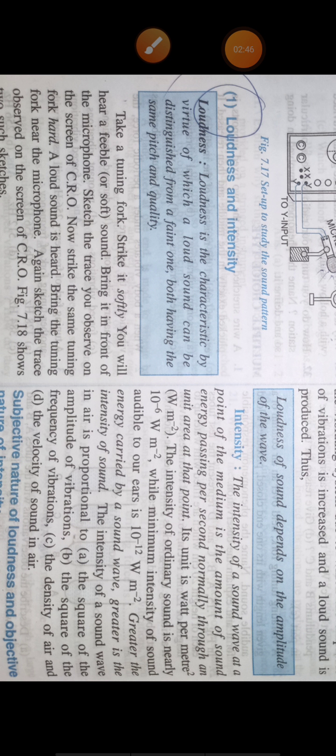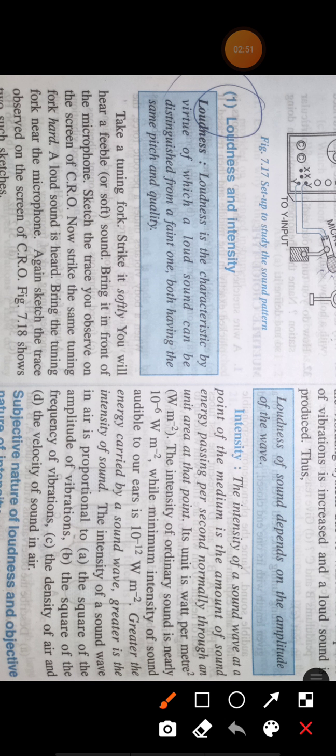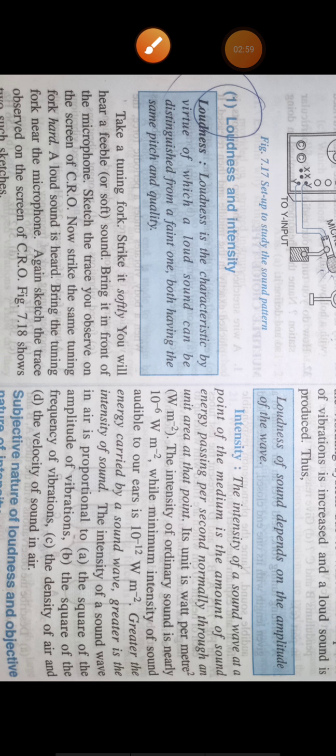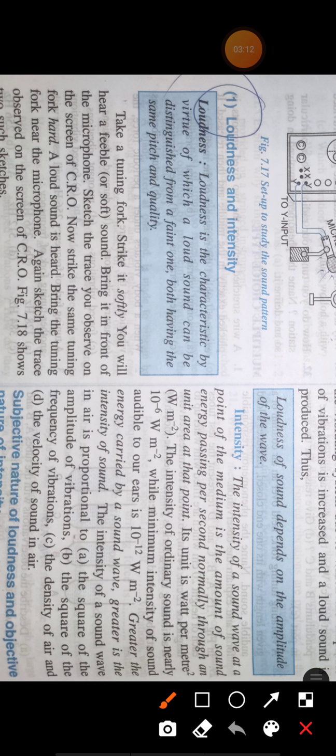The definition is: loudness is the characteristic by virtue of which a loud sound can be distinguished from a faint one, both having the same pitch and quality. Obviously, if two sounds have the same pitch, meaning the same frequency, and quality, then loudness is the characteristic by which you differentiate between a loud sound and a faint one.